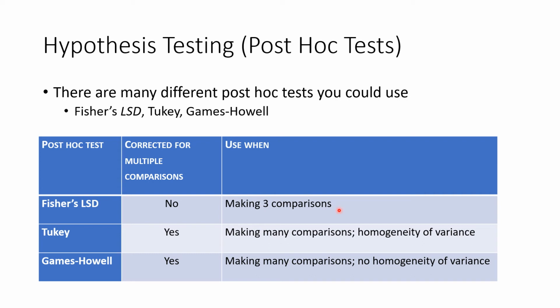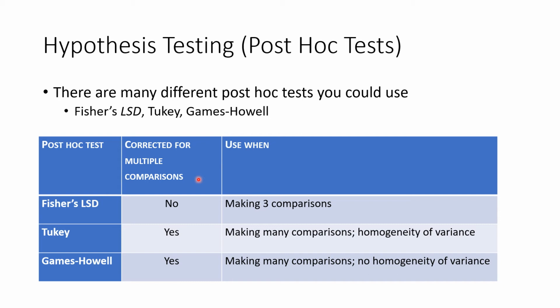If you just have 3 groups, you're just making 3 comparisons: group 1 to group 2, group 1 to group 3, and then group 2 to group 3. So that's just 3 comparisons. If you're making a small number of comparisons, it's less important to correct for the multiple comparisons because there's just not very many of them.